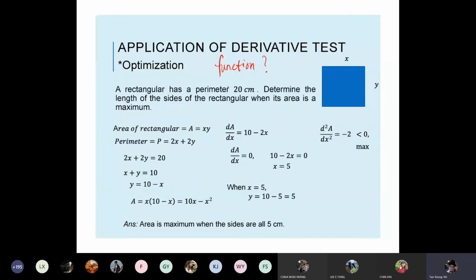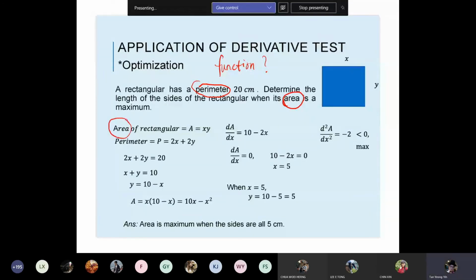The function will be the area, and also the perimeter. So there are two here, because according to the information provided, we need to have two. Start with the area.